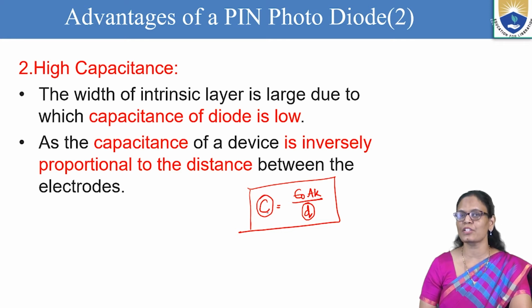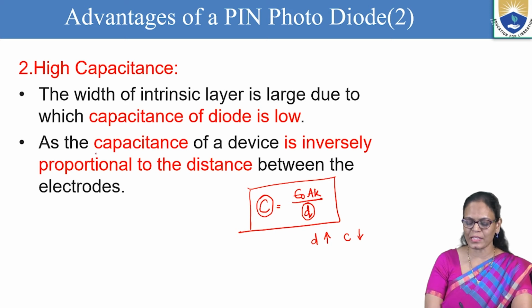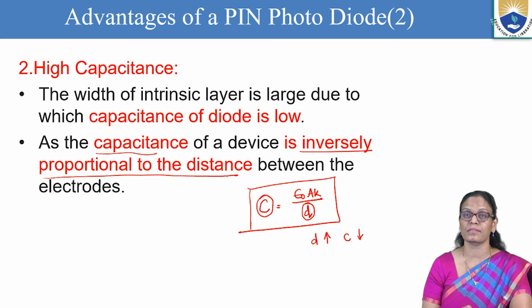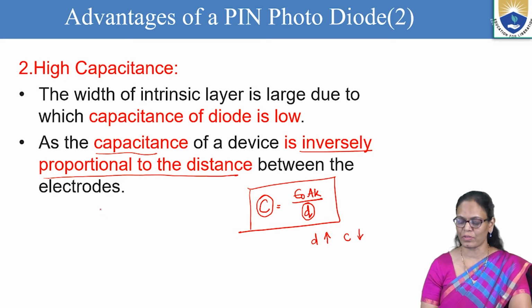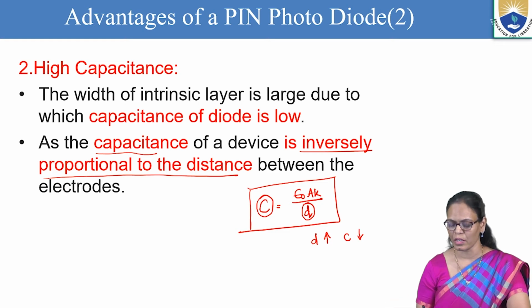As the distance between the plates increases, the capacitance decreases. They are inversely proportional. So the more the distance, the more the width of the depletion layer, the less the capacitance.